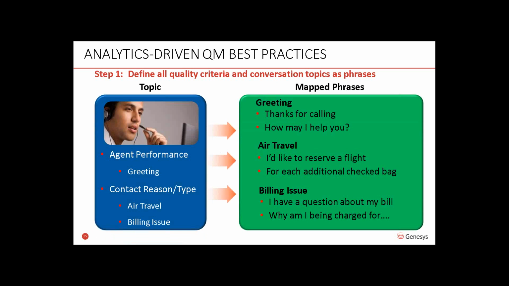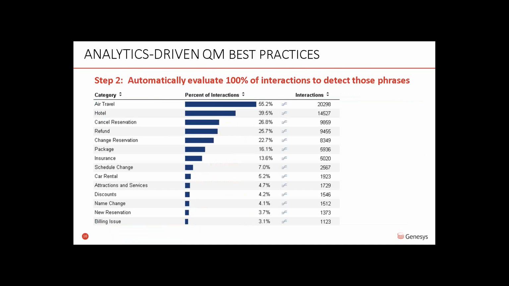Once you have the quality criteria and conversation topics defined as phrases, you can then use those topics to automatically evaluate 100% of your interactions to detect those phrases.